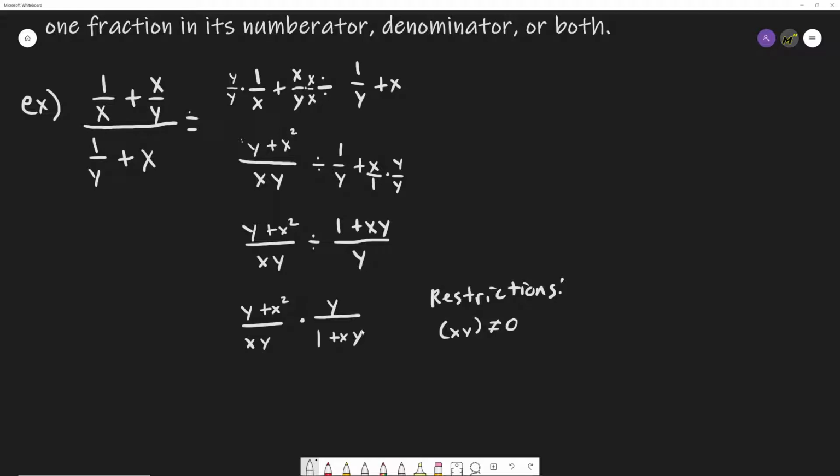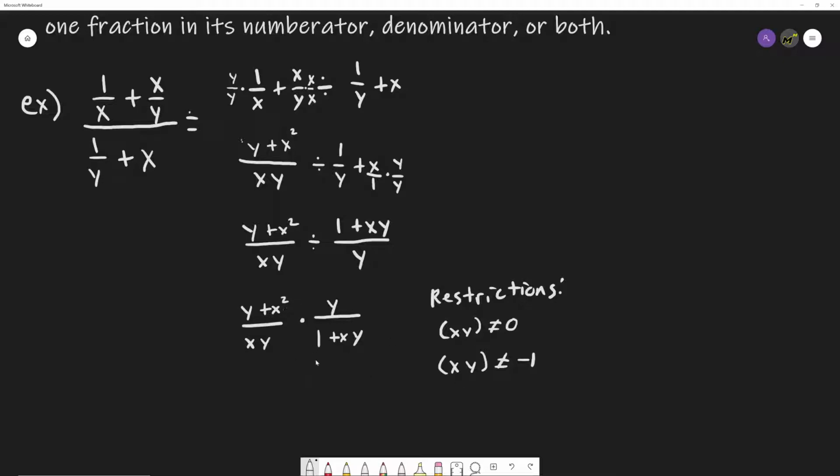And over here, with 1 plus x times y, 1 minus 1 would be 0. So the product of x times y cannot equal negative 1. Any combination could give you negative 1, but the product of those two numbers cannot, otherwise we'll be dividing by 0 in this problem. So those will be our restrictions.